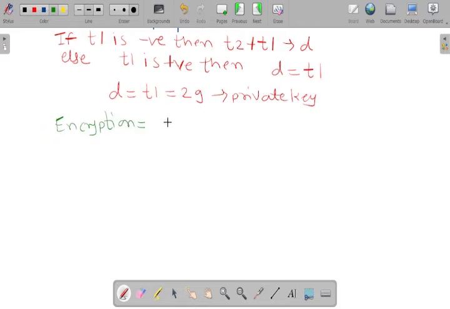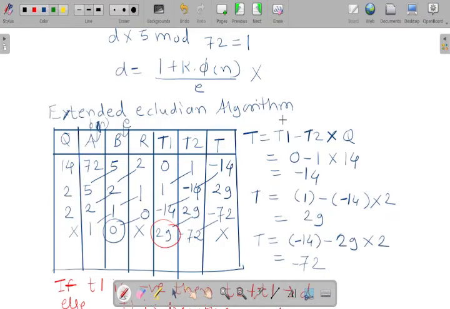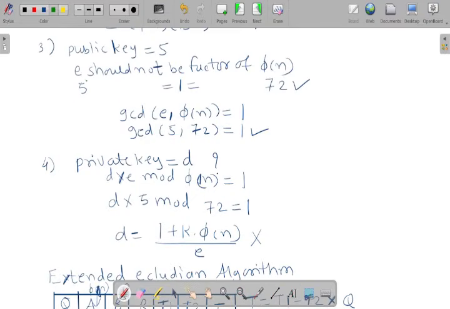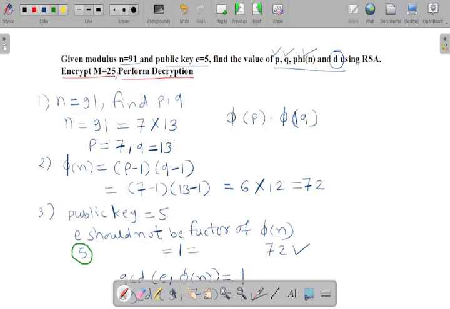So for encryption, the formula is ciphertext is equal to P raised to E mod of N. So I am putting the values here, that is C is equal to 25 raised to 5 mod of 91, because the value of our public key is equal to 5 and the value of our plain text, that is P, is 25.